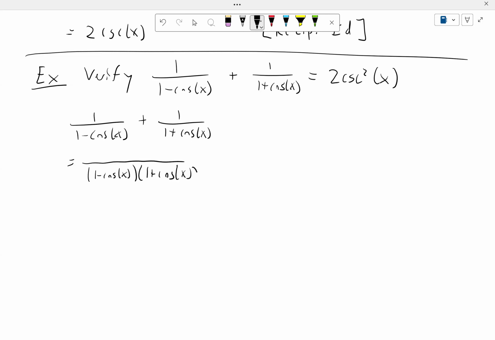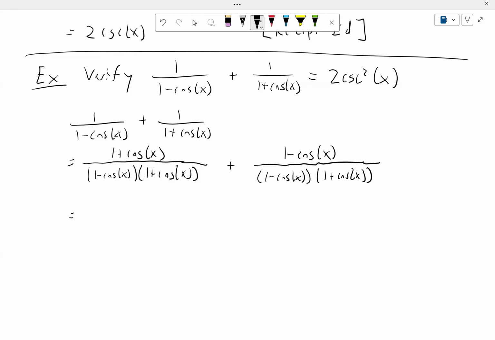Okay. So then that's going to be my first fraction, and my second fraction is going to also have a 1 minus cosine of x times a 1 plus cosine of x. In my first fraction, I would need to multiply by 1 plus cosine of x on the top and the bottom. And in my second fraction, I need to multiply by 1 minus cosine of x on the top and the bottom to get that common denominator. But now that I have that common denominator, let's see what I get here.